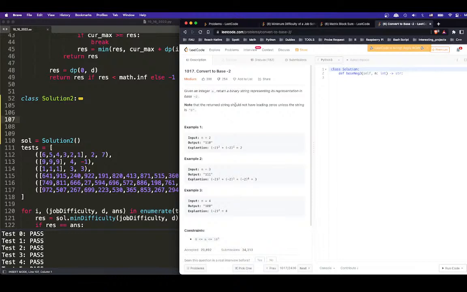I don't know. Doesn't look right. Yeah, 1 is 3. Three is a 4 minus 2.